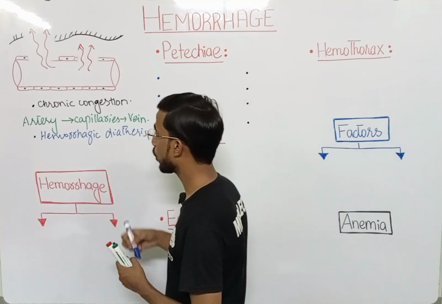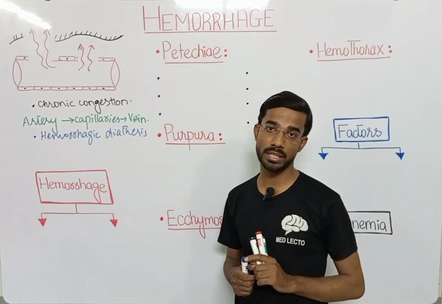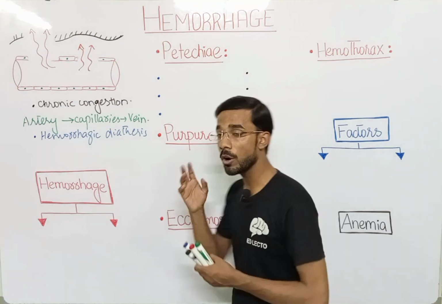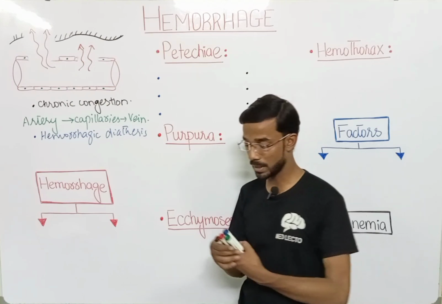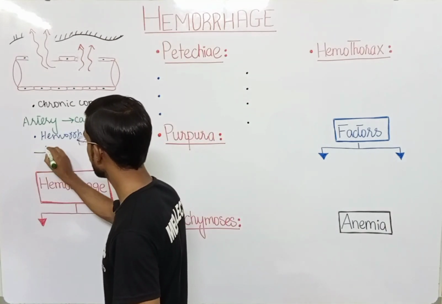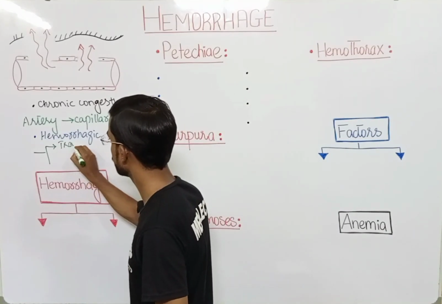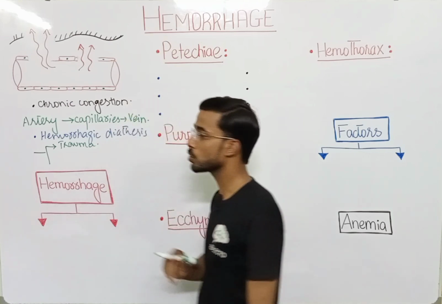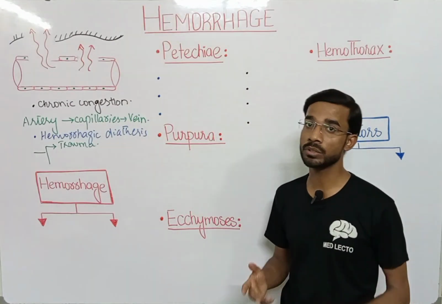And most important, when you will see the large ruptures of the large blood vessels. So four most important situations in which you will see the rupture of the large blood vessel. So first condition in which you will see the hemorrhage, that will be the trauma. When you will see the trauma, you will see the loss of blood due to the hemorrhage.